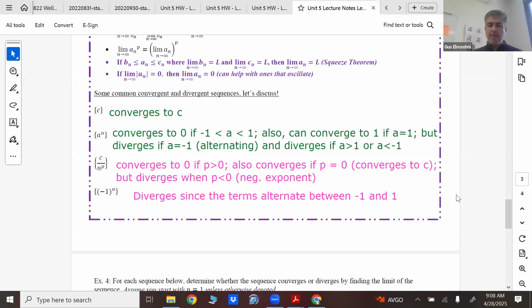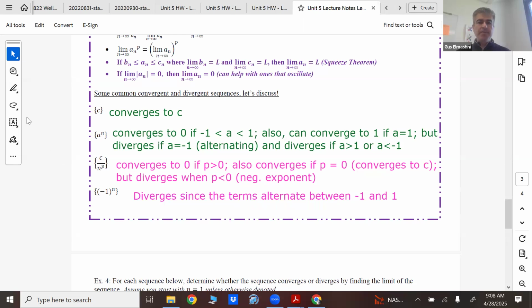If A equals 1, it converges to 1, but it alternates or diverges in the other cases. If the exponent P is greater than 0, that converges to 0. It also converges if P equals 0, to whatever C is, then diverges in the other case. And then, of course, this diverges. Okay, questions? No? All right.